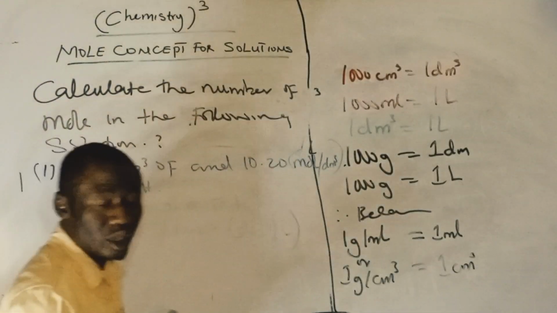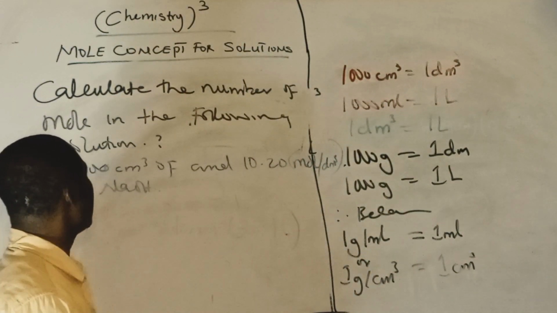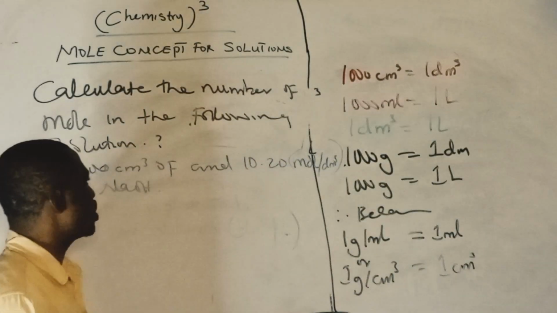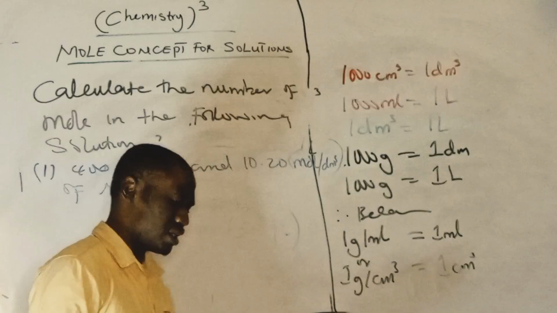Calculate the number of mole in a solution of 400 cm³ and 10.20 mole per dm³ of sodium hydroxide, right?